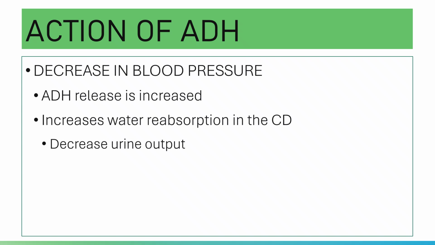In a decrease in blood pressure, ADH release is increased and it will increase water reabsorption in the collecting duct, thereby decreasing urine output and producing a urine that is concentrated.